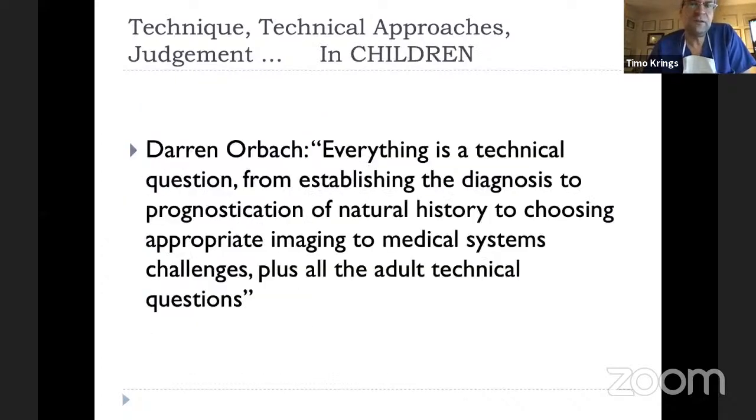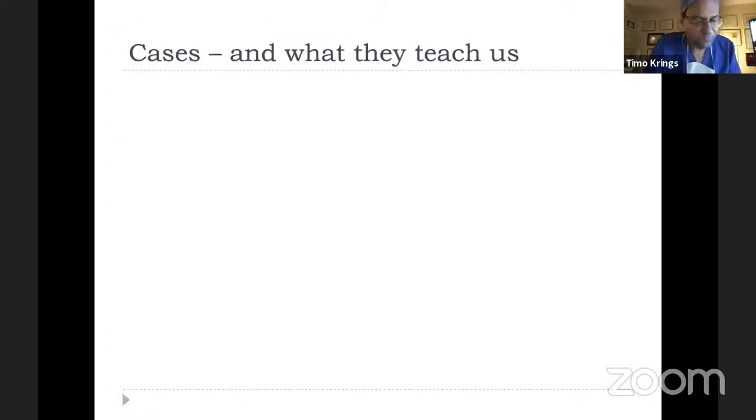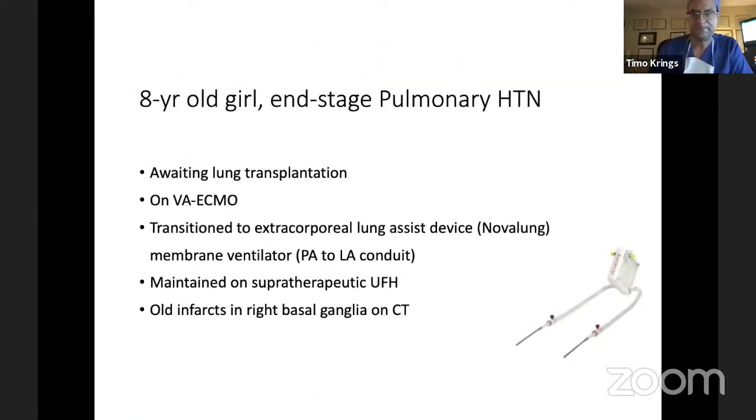However, in children, everything is a technical question, from establishing the diagnosis to prognostication of natural history to choosing the imaging to medical management, challenging all the adult technical questions. So rather than going into a full-blown frontal lecture, I would like to show you a couple of cases of ischemic stroke and how we dealt with them at the SickKids Hospital.